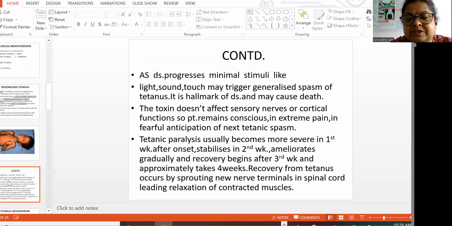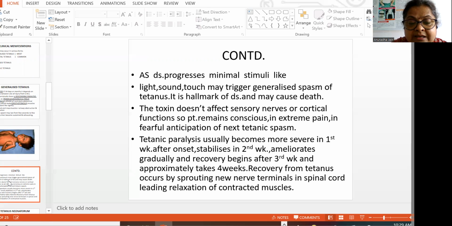Then tetanic paralysis usually becomes more severe in the first week after onset, stabilizes in the second week, then ameliorates gradually, and recovery begins after the third week, and approximately it takes 4 weeks.